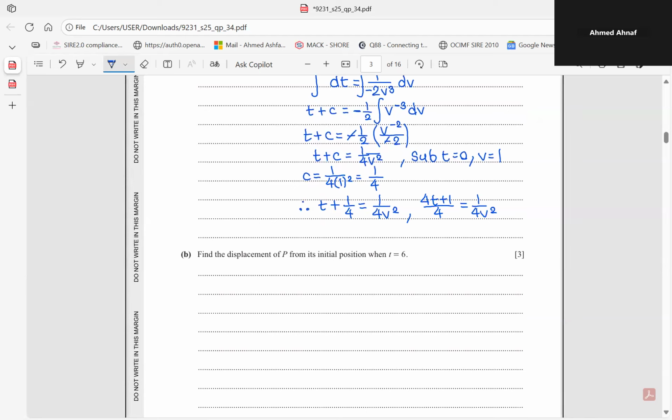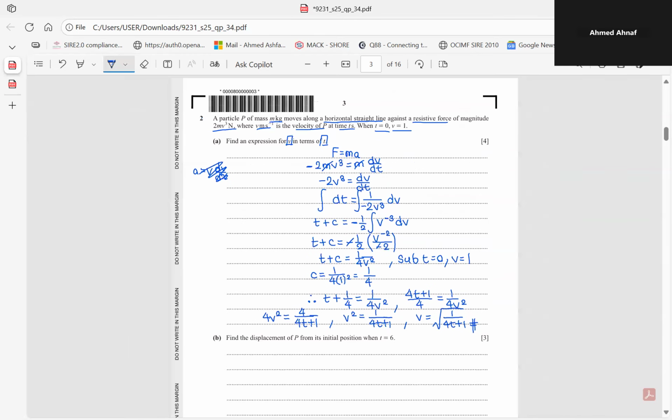Now you flip the numerator and denominator, you get 4v squared equals 4 over (4t plus 1). Then divide by 4, you get v squared equals 1 over (4t plus 1). Then you take the square root of both sides, you get v equals 1 over the square root of (4t plus 1). So this is our final answer for the first part of this question.